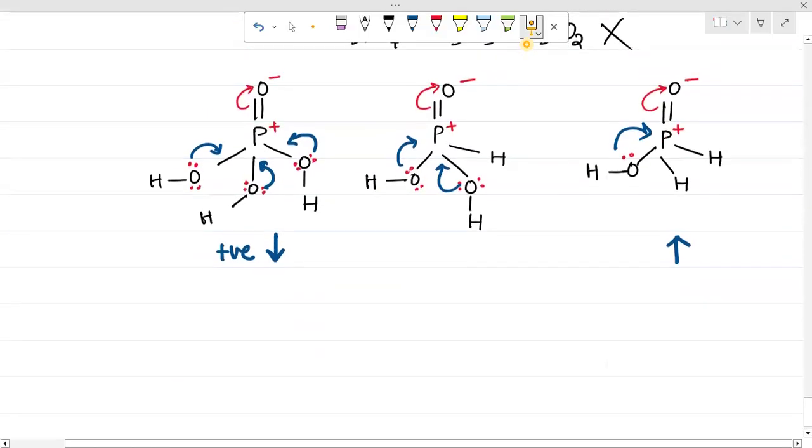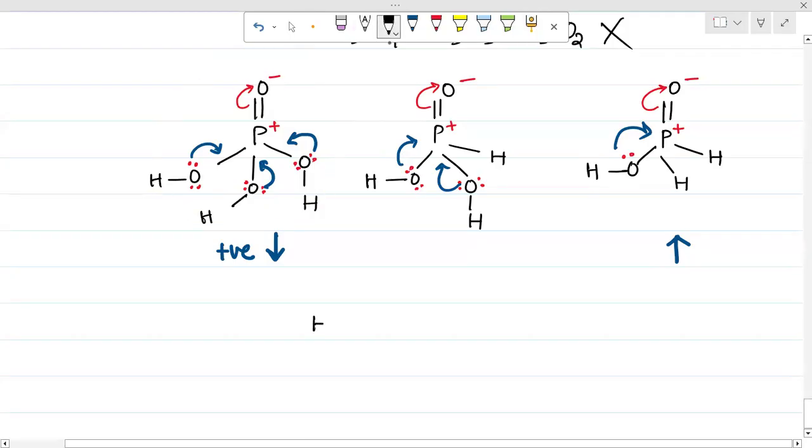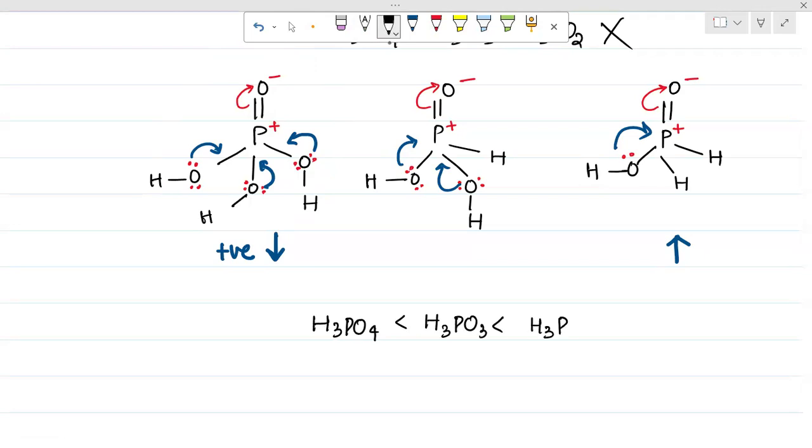So over here, the phosphorus atom carries a positive charge due to the resonance with the double bonded oxygen, and that positive charge is suppressed the most over here, and hence this is the least acidic, and the highest is H3PO2. This is the correct acidic trend.